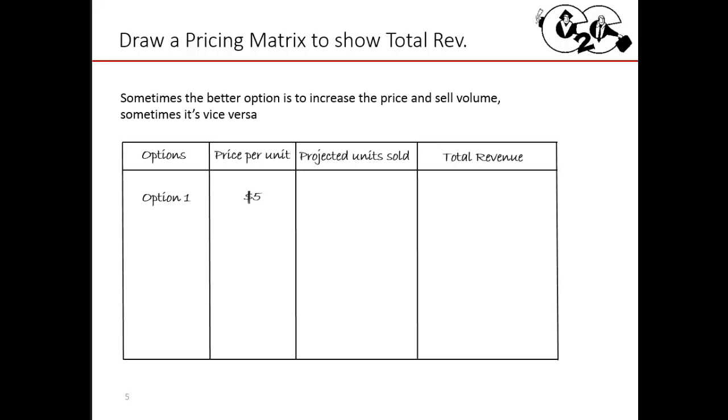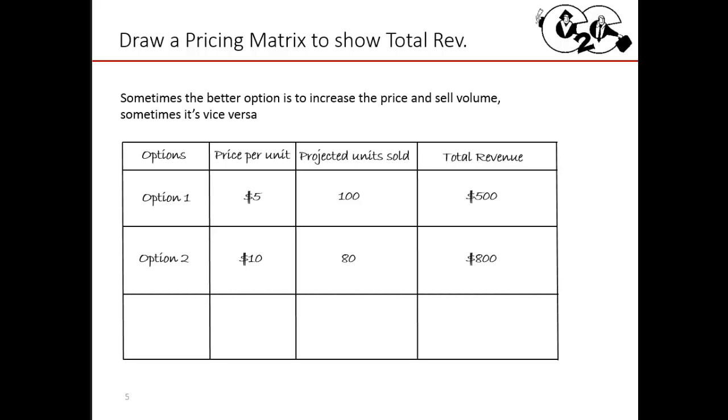If we price it at $5, we'll sell 100 units, meaning my total revenue is $500. That's option 1. Option 2, let's say we sell this unit for $10 and the projected units sold are 80. Now I'm selling fewer units, but I'm making more revenue overall.